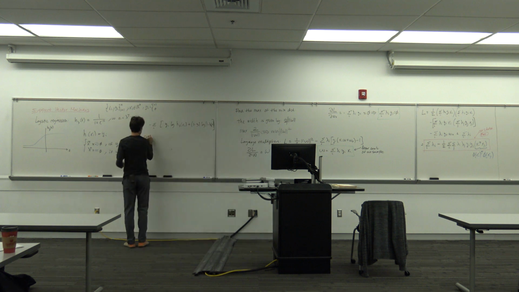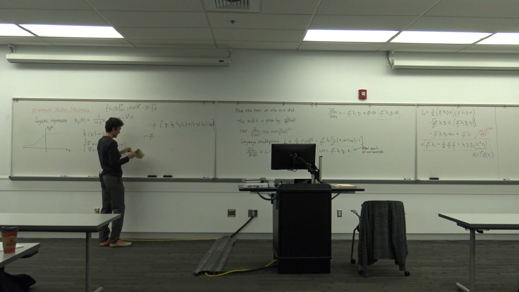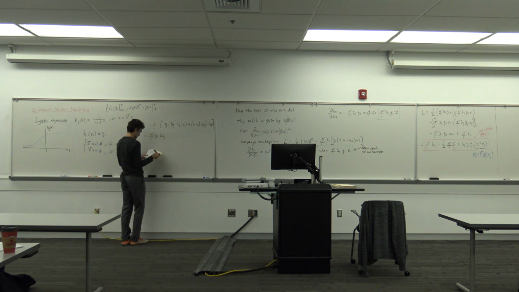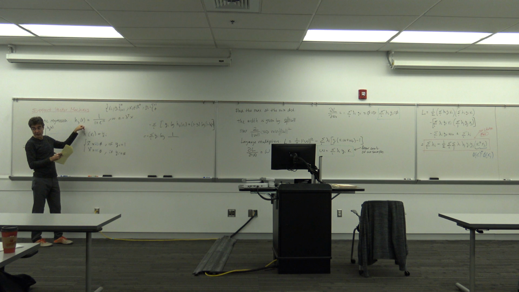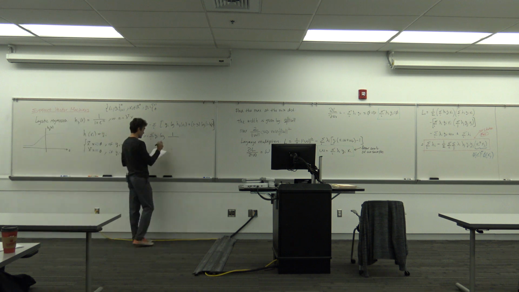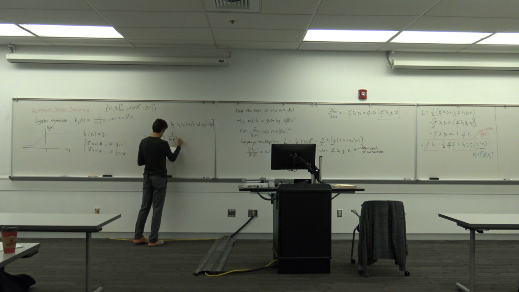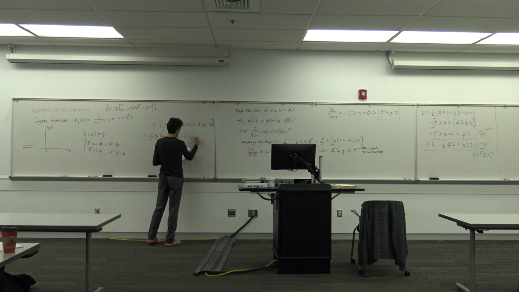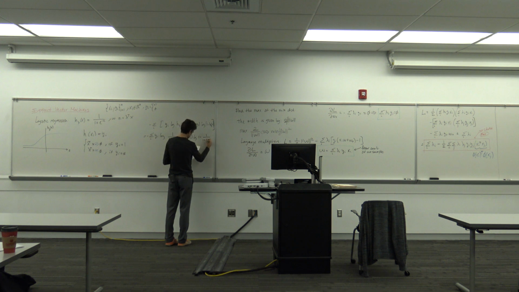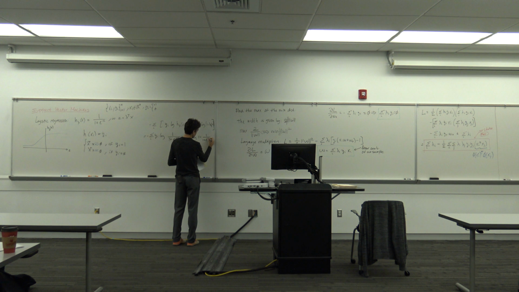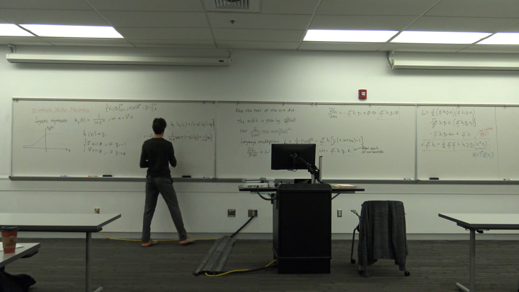And now I can rewrite this as the sum of y_i times the log of 1 over 1 plus e to the negative lambda transpose x_i, just substituting that function h, plus 1 minus y_i times the log of 1 minus 1 over 1 plus e to the power of negative lambda x_i.